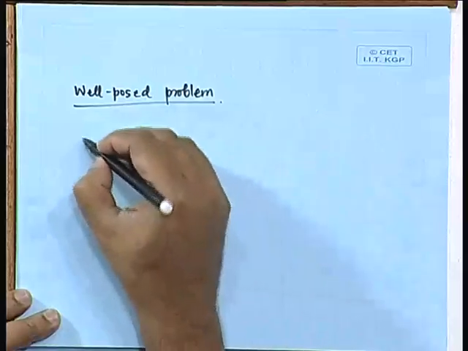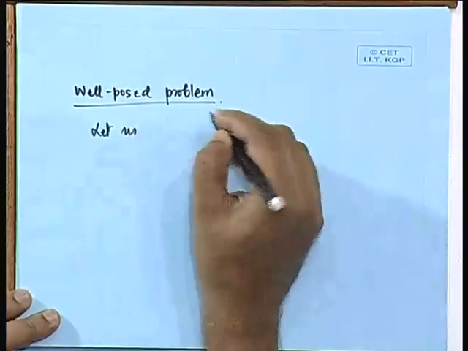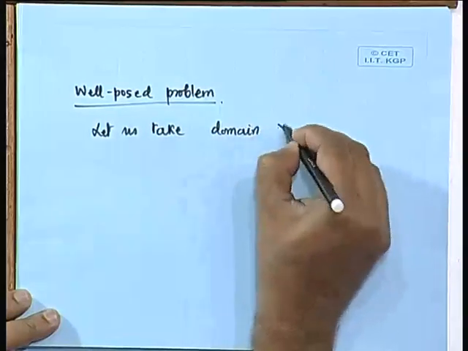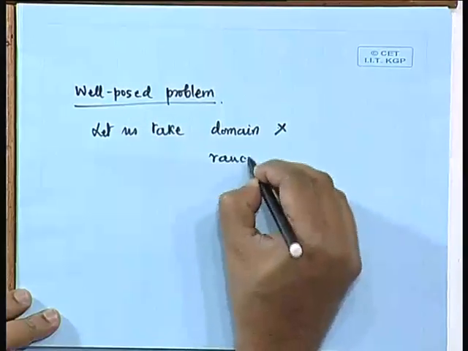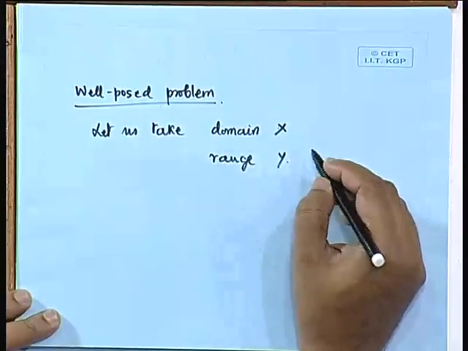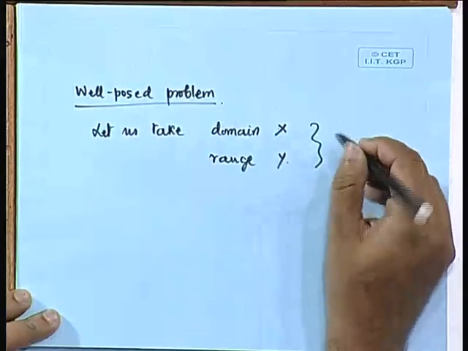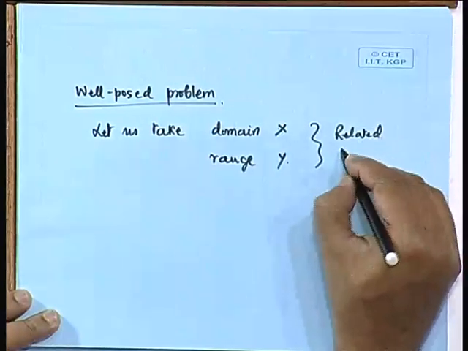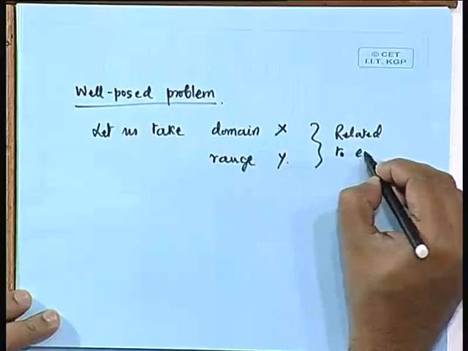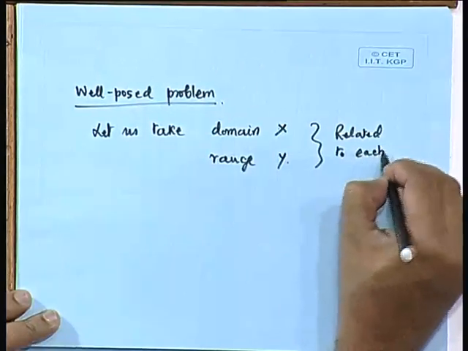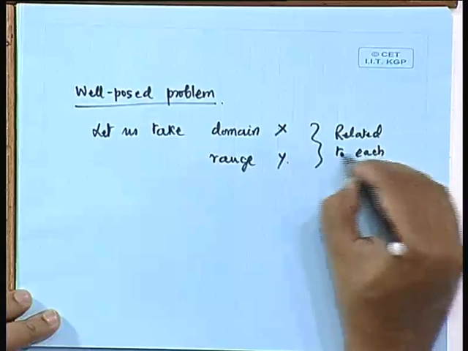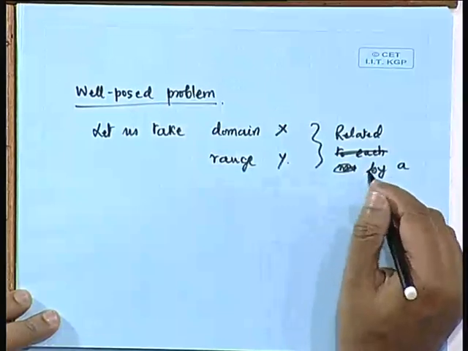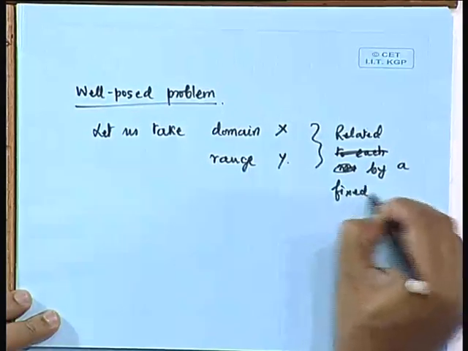So, well posed means, in order to define it, let us take a domain X, okay, and correspondingly we take a range Y, in metric spaces, and this domain and the range are related to each other by a mapping function, by a fixed but unknown mapping function.